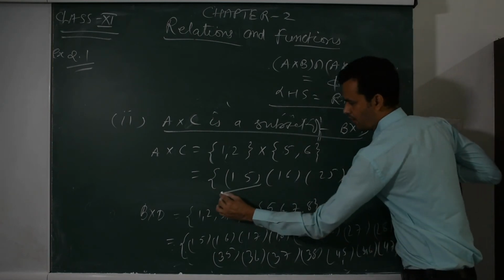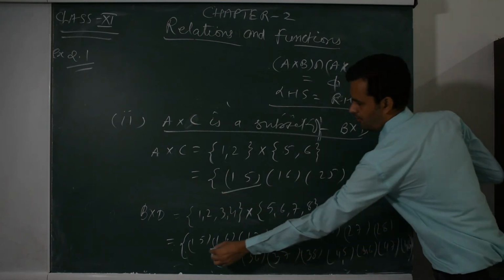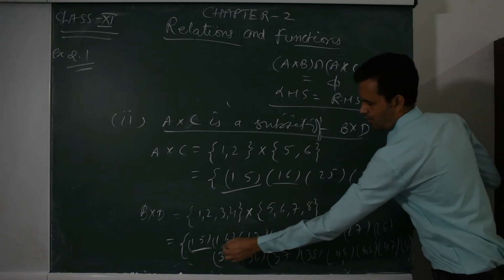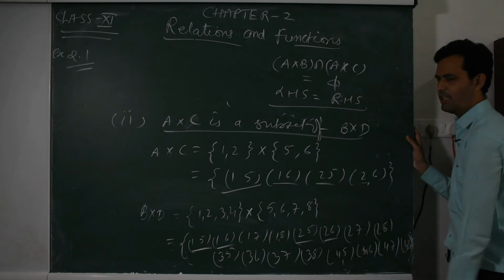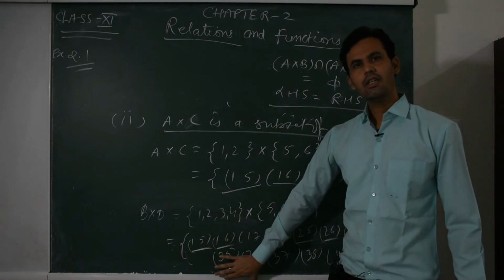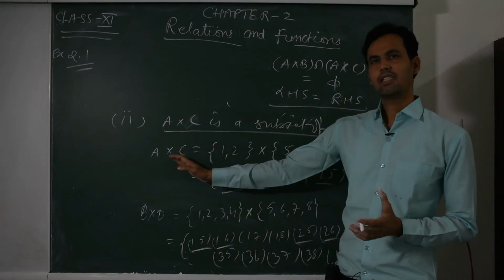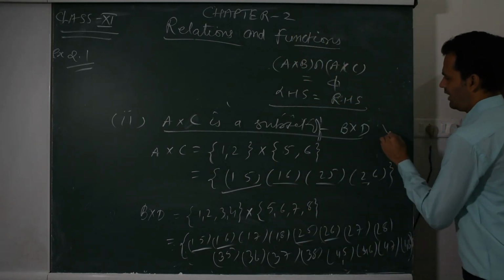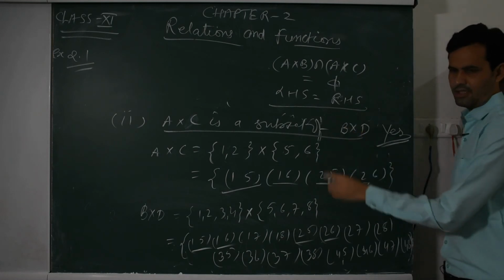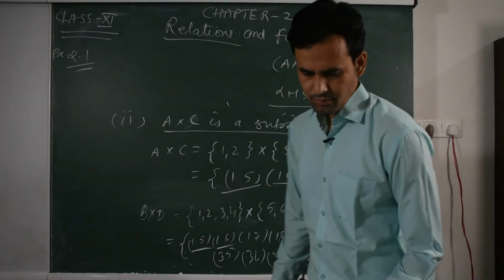Yes. Why? Because (1,5) is an element of BD, (1,6) is also an element of BD, and (2,5) and (2,6) are also elements of BD. Therefore, BD is a bigger set and AC is a subset of BD. So the answer is yes. AC is a subset of BD.